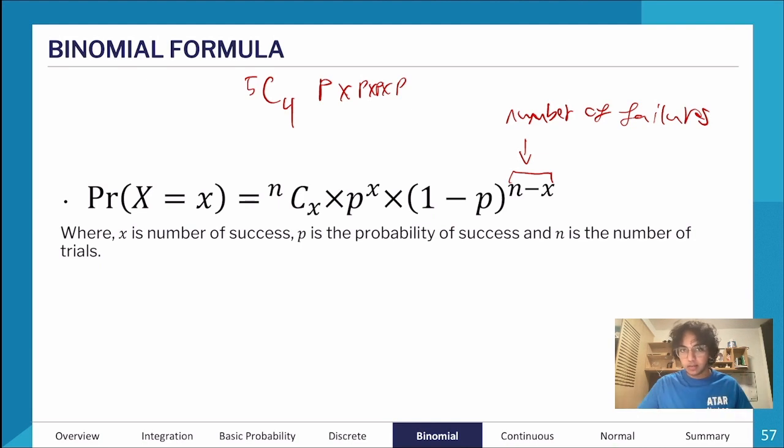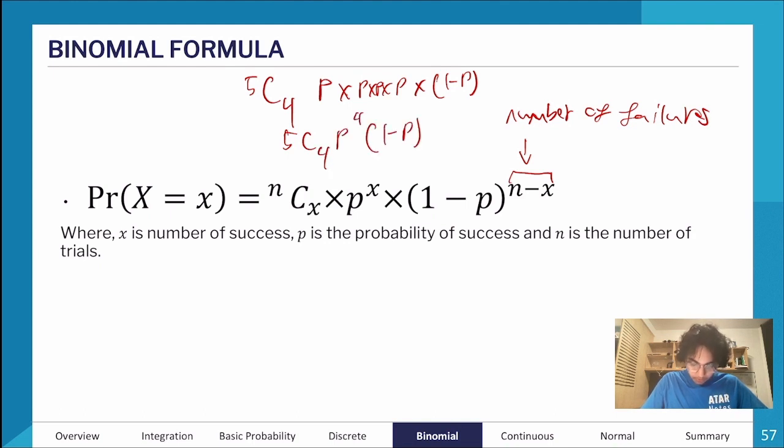Hence they multiply. That makes sense because it's "and". And I also multiply by the chance of 1 failure, so it's 1 minus p once. Okay? Hopefully that makes sense. Which is why it simplifies to be 5C4 p to the power 4 times 1 minus p to the power 5 minus 4.